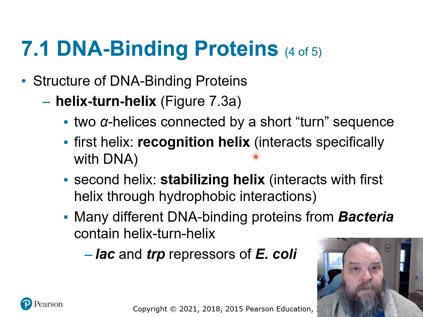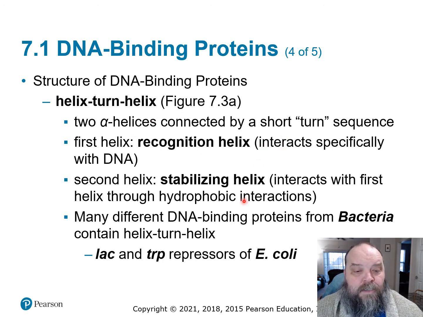The overall structure of these DNA binding proteins: not only are a lot of them dimers, but you're going to see this helix-turn-helix motif. Two alpha helices joined together by a turn. So you have the alpha helix, then a turn, and then an alpha helix.